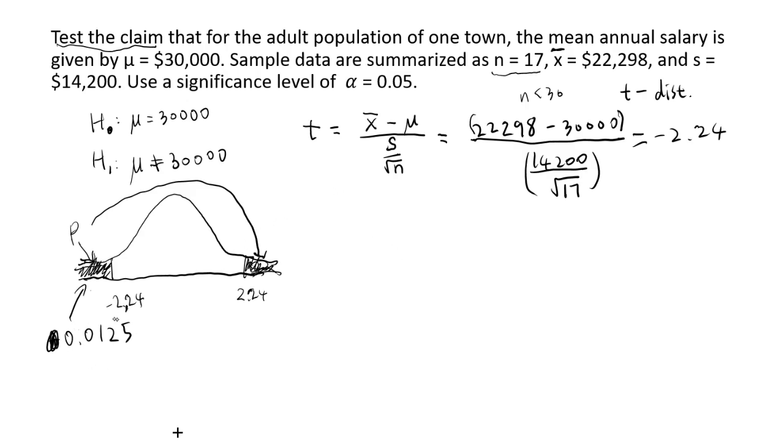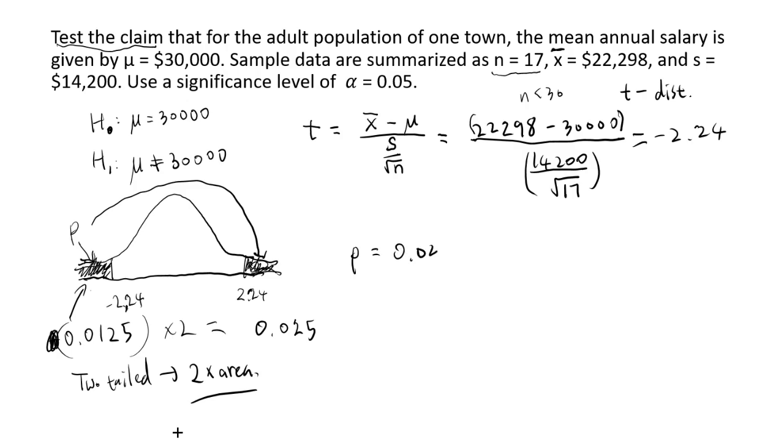But because this is just one side of the shaded area, you have to double this. One thing that's important is that for two-tailed, you have to do 2 times the area that you get. So we take twice of this, which would be 0.025. That's our p-value.